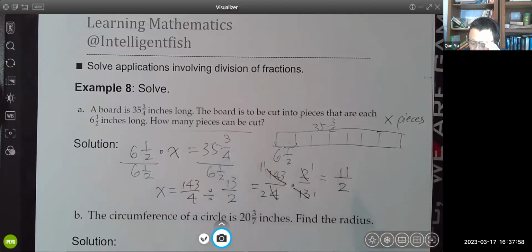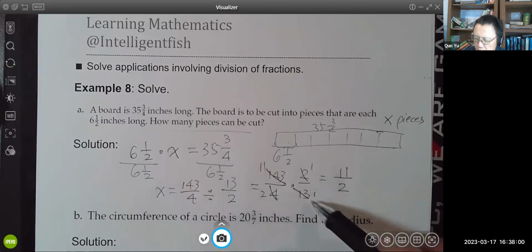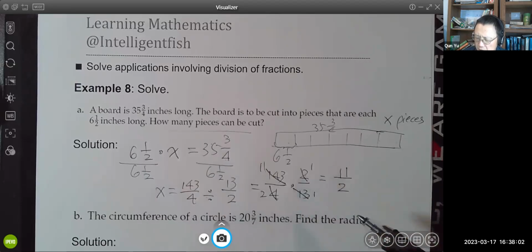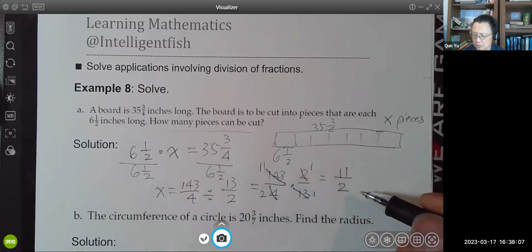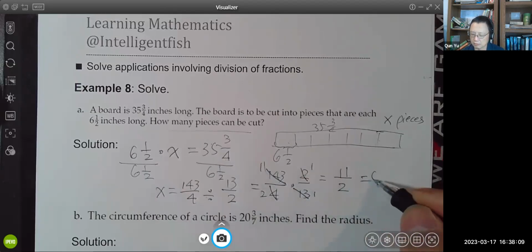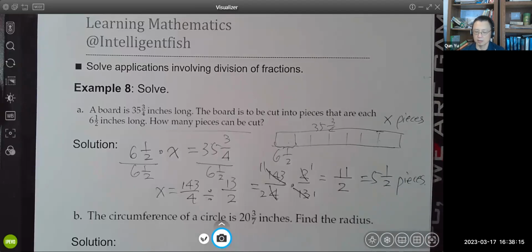That's correct. And 13 on the bottom, 2 on the top. Cancel, we get 2 and 11. Yeah, everything is right. So 5.5 pieces. I just want to make sure this fraction result actually is the correct one.